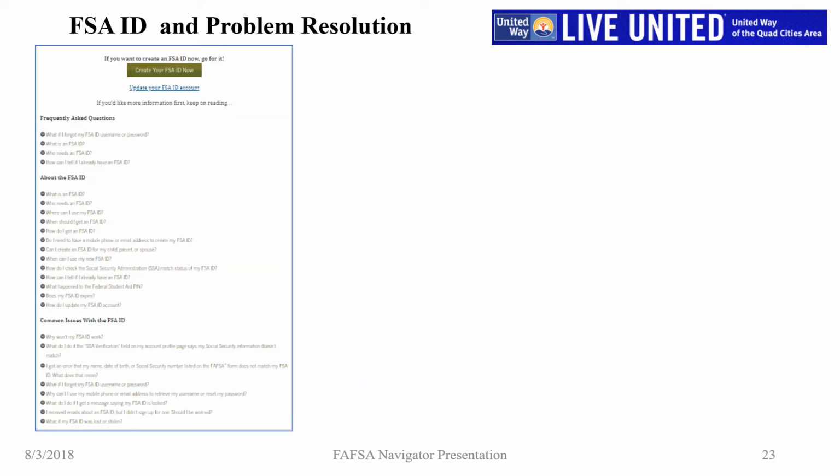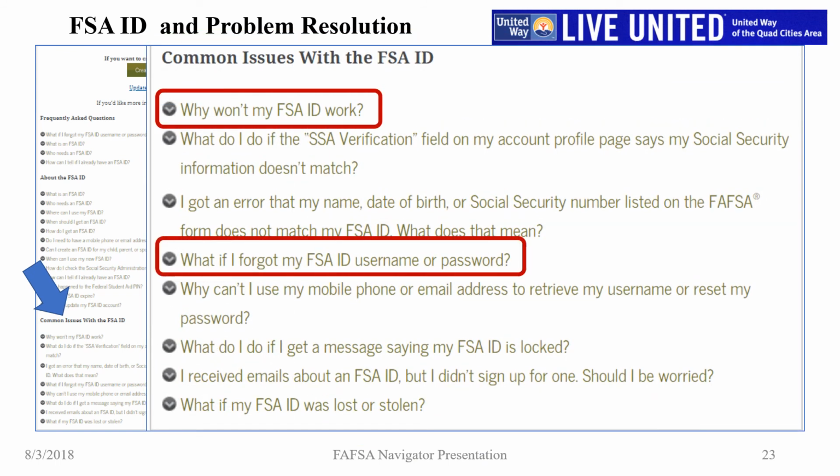There's lots of reading topics. Toward the bottom of the reading list topics, you'll find the section on common issues with the FSA ID. Seems like a hot topic that other people have had trouble with. You're not alone. Click on any one of the appropriate problem resolution topics.